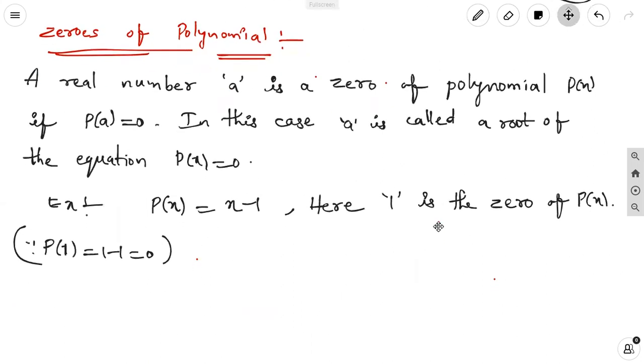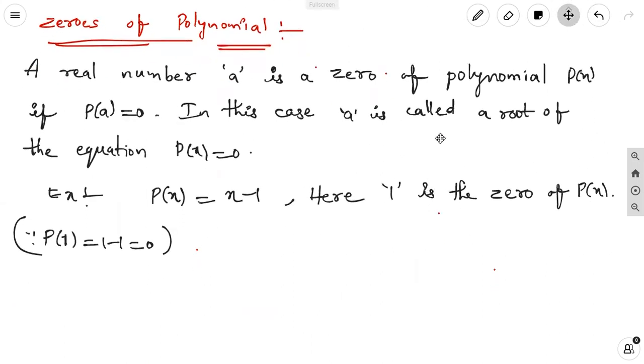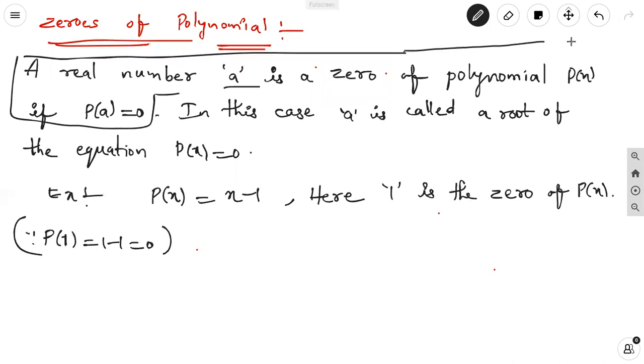Next, we take the definition. What is the rule of the definition? Zeros of polynomial means a real number a is the zero of polynomial p of x if p of a equal to 0. If the question mentions to find the zeros, you should write this statement or this relation.